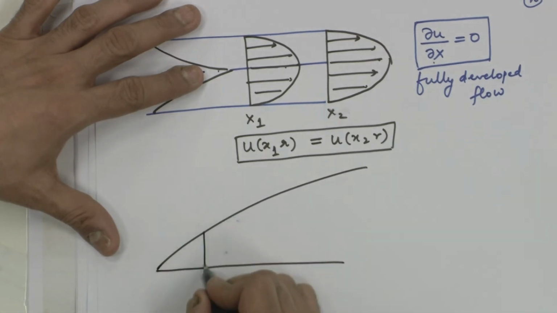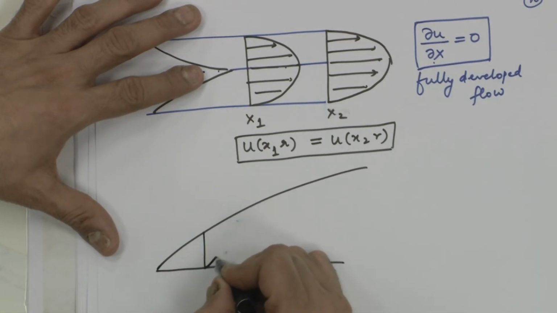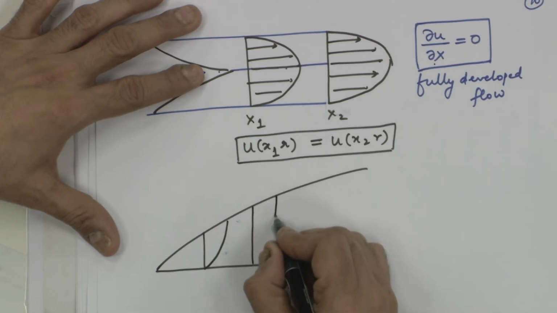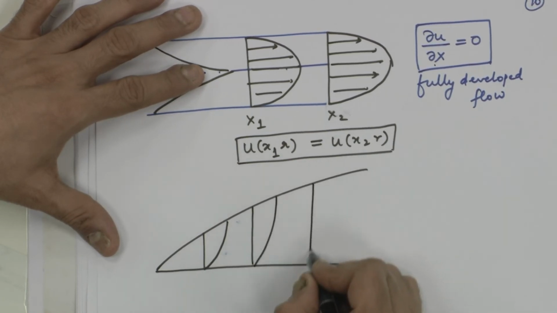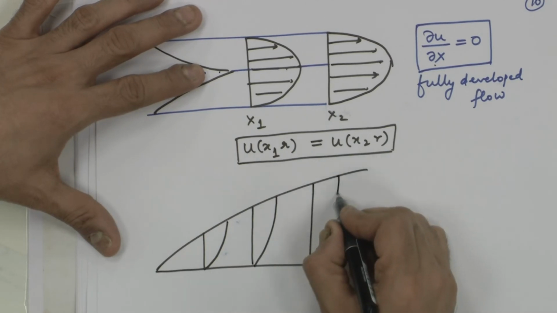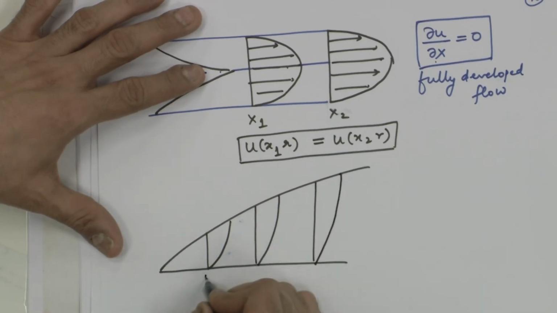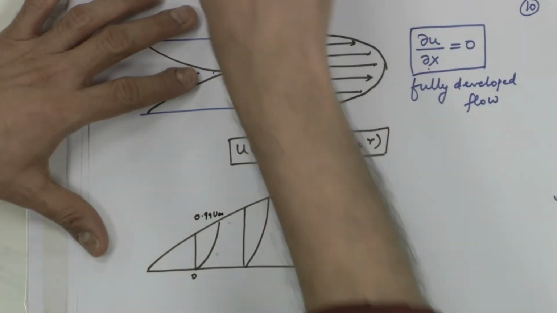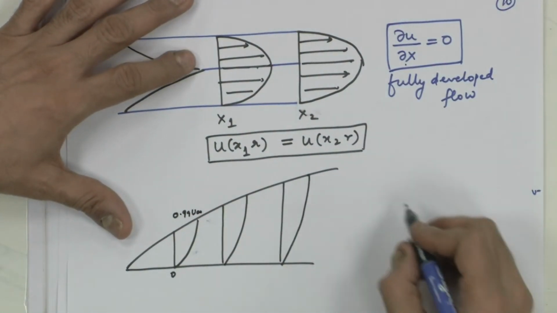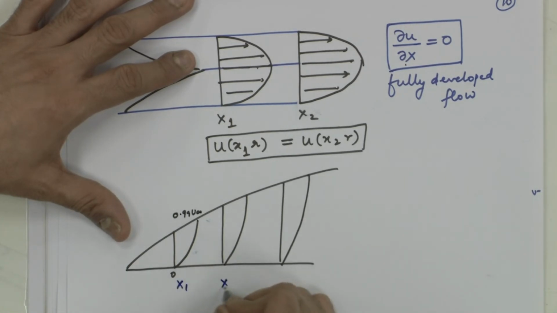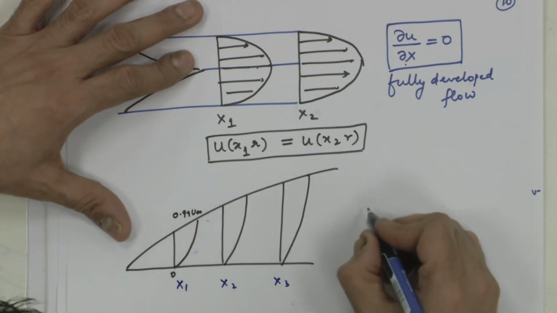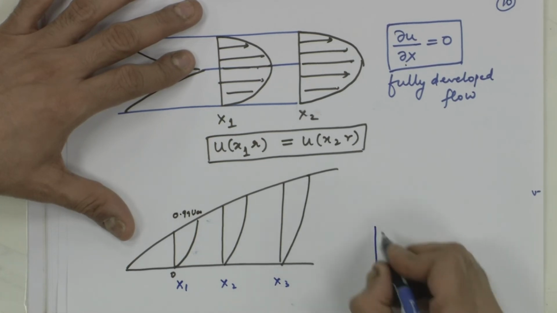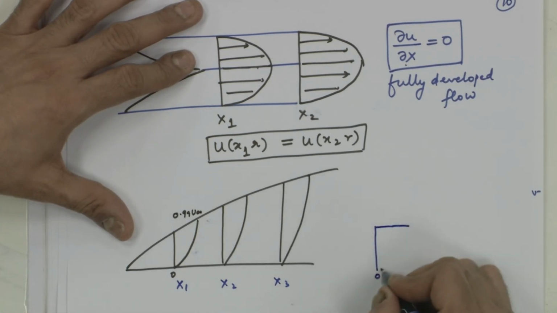However long it may be, this is the profile, this is the profile, this is the profile. Going from 0 to 0.99 u infinity, let me just draw it like a triangle and I superimpose x1, x2, x3. Let me just show you how they will look. This is 0, this is 0.99 u infinity.